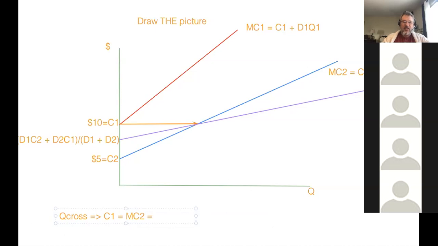So I can just set C1 equal to C2 plus D2 Q2 and solve for Q, right? And that will be the Q cross, right? Does everybody see what I'm talking about here? Do you see what I mean, Greg?